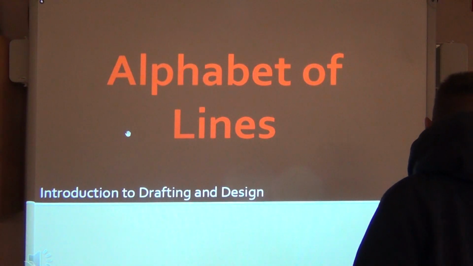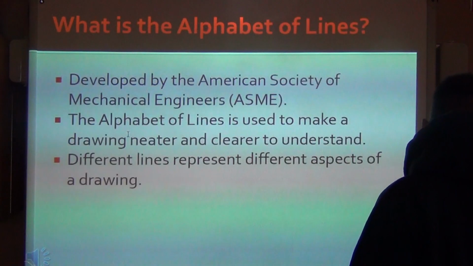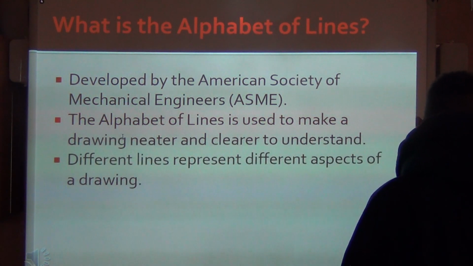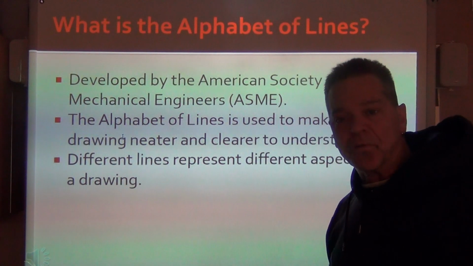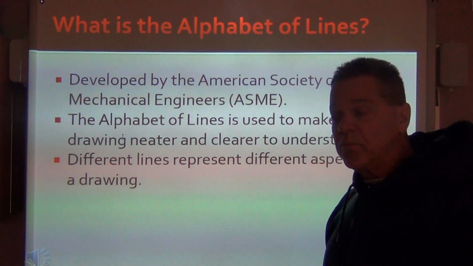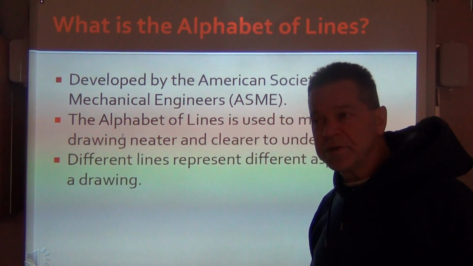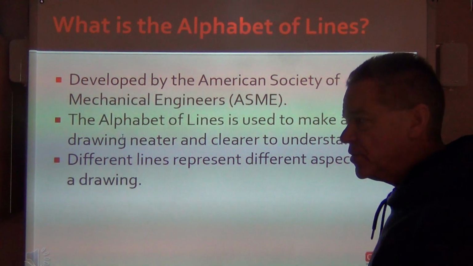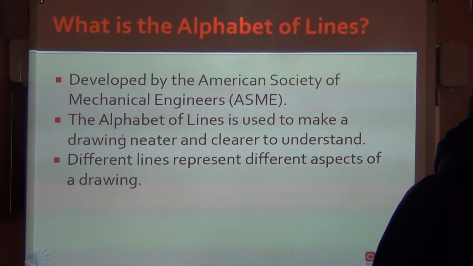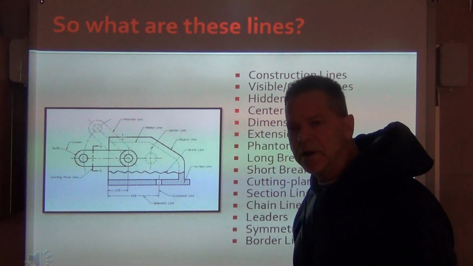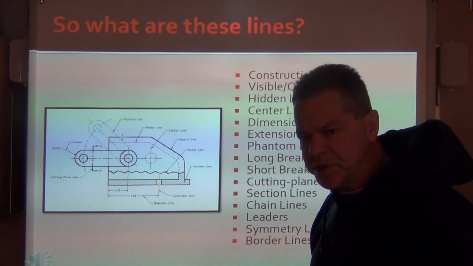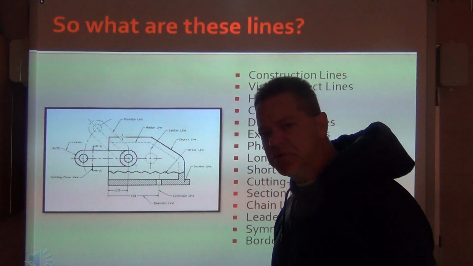So look here, alphabet of lines, again, talking about the standards for the ways to illustrate stuff and make it very clear to the reader. Okay, this particular drawing here, and I'm going to provide you with this presentation. I don't know if you can really tell.